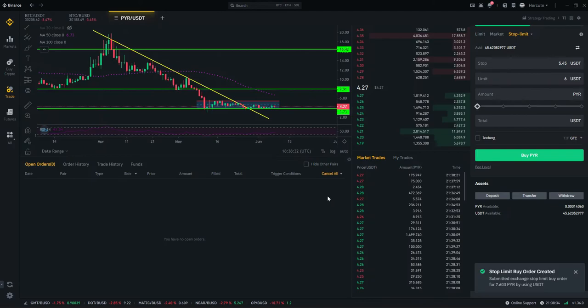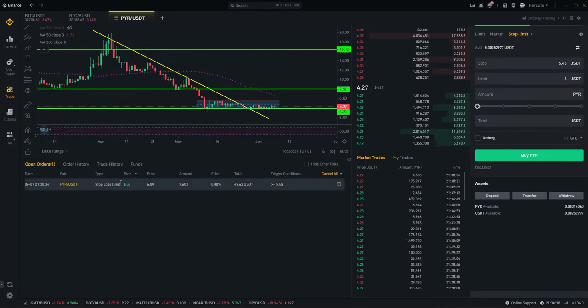Now, when I click confirm, notice what happens. We have PYR, we have set a buy stop limit. Let the word loss not confuse you. It's a buy stop limit order, and we want to buy at the price of $6. That is where our limit order is. The amount that we want to buy is 7.603, and that will cost us $45.62.